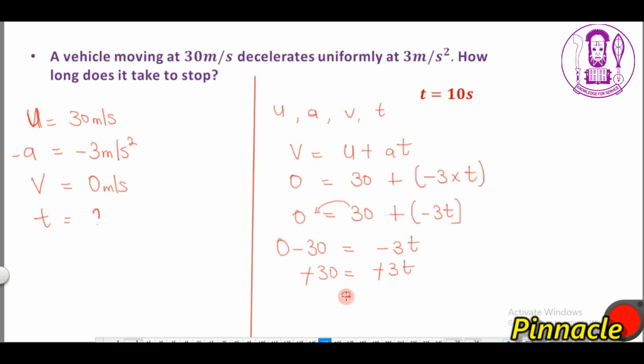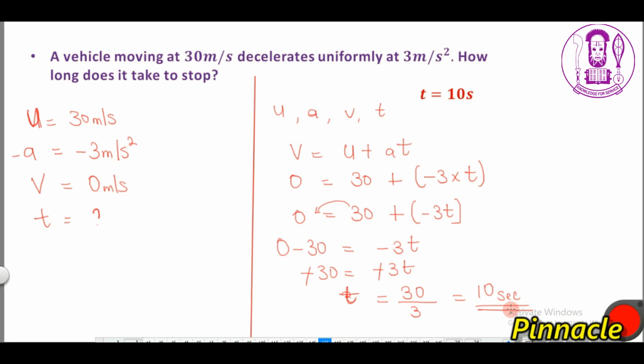Therefore t will be equal to 30 divided by 3, and that will be equal to 10 seconds. So the time it will take this vehicle to stop is 10 seconds. So our answer is correct. T is equal to 10 seconds.